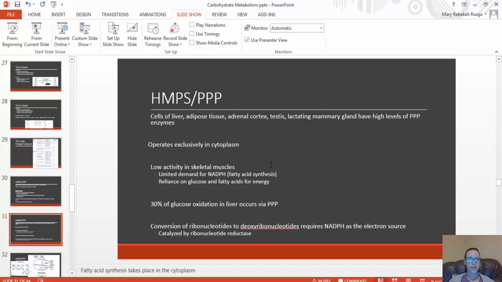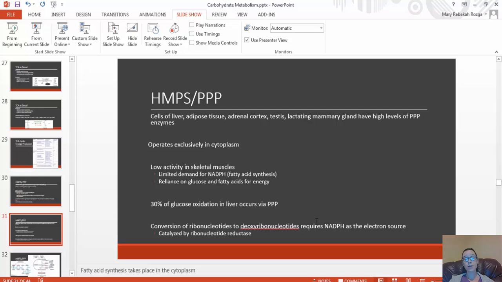But we have a low activity of this pathway in skeletal muscles because they have a limited demand for NADPH for fatty acid synthesis, and also because they just have such high needs for energy and rely on both glucose and fatty acids for energy rather than production of these intermediate substances, the NADPH and the ribose 5-phosphate.